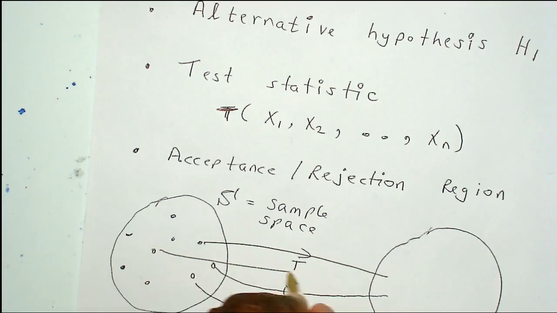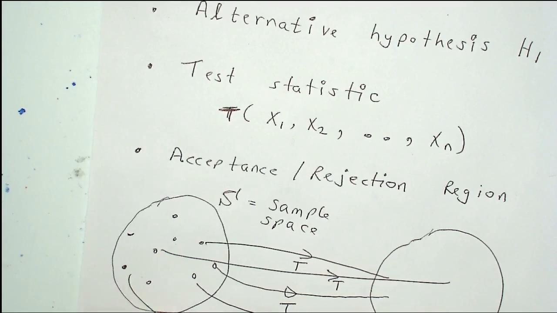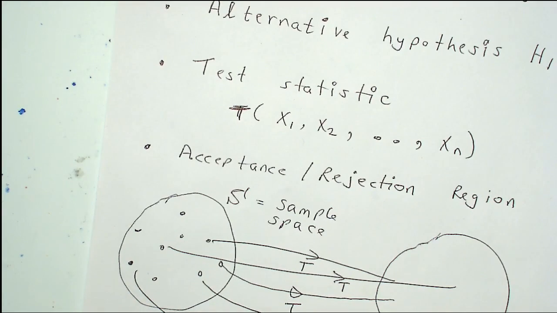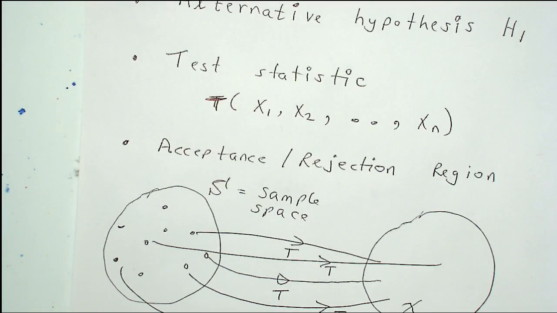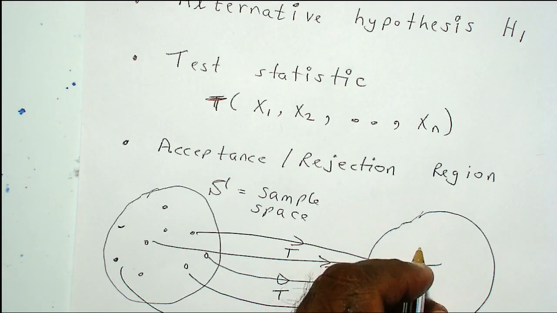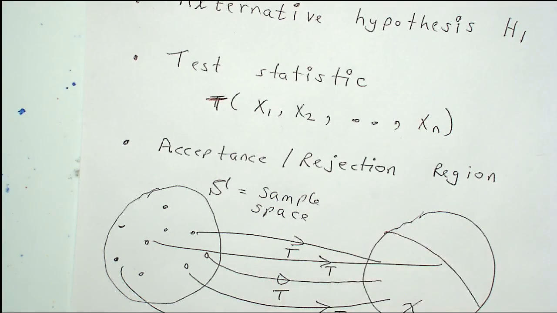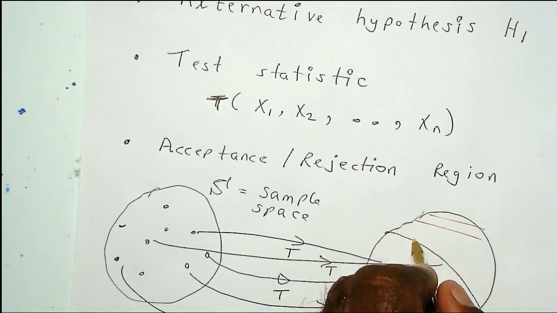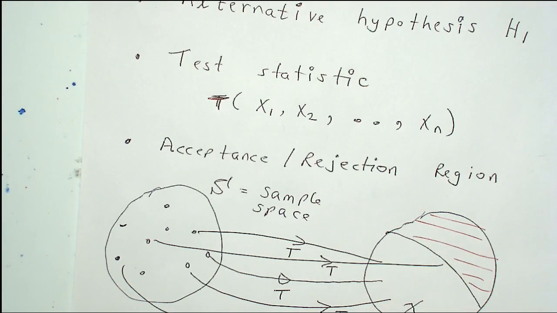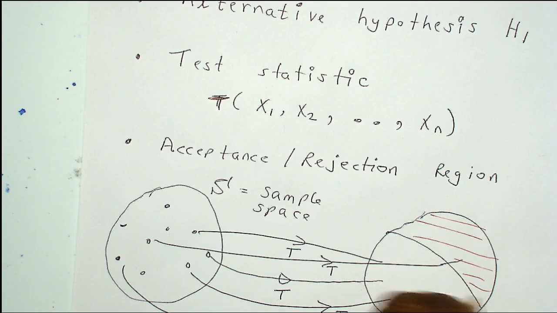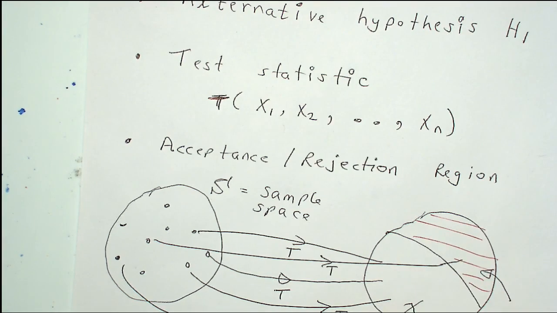Right? So every point in the sample space is mapped into a new space looking like this. Now this space can be divided into two regions: the region I shade in red, and the region which is not shaded. The region shaded in red is known as C, right?